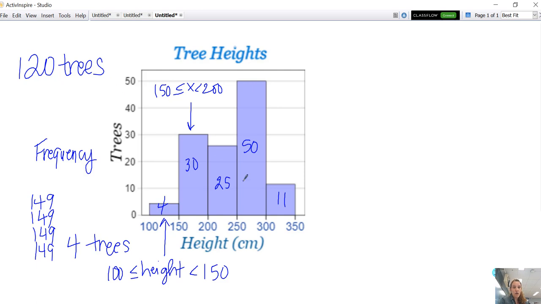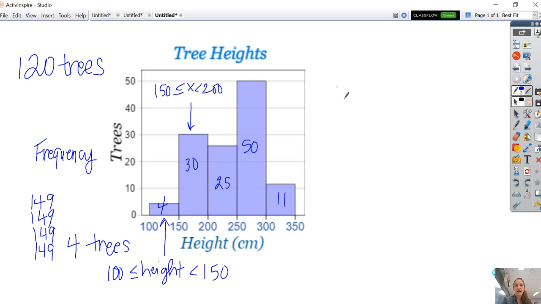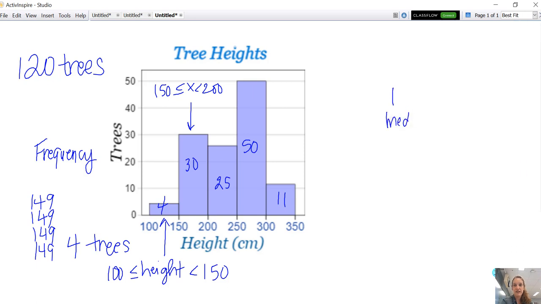So if I know the total number of trees in my sample, if I know that I measured 120 trees, that can help me identify-ish where the median is. The median is the middle of our data. So if we've surveyed 120 trees, that means that wherever our median is, half the trees are going to be shorter than the median, and half the trees are going to be taller than the median.